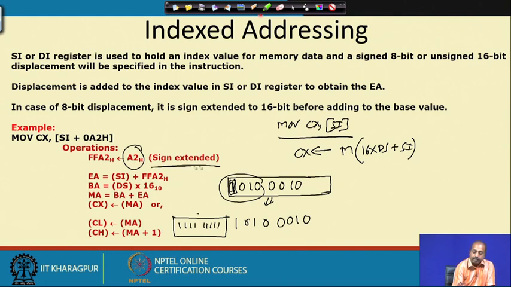So, that is the sign extended form. This becomes FFA2 hex, and the FFA2 hex will be added with the SI register for getting the offset, and then the memory address will be calculated.